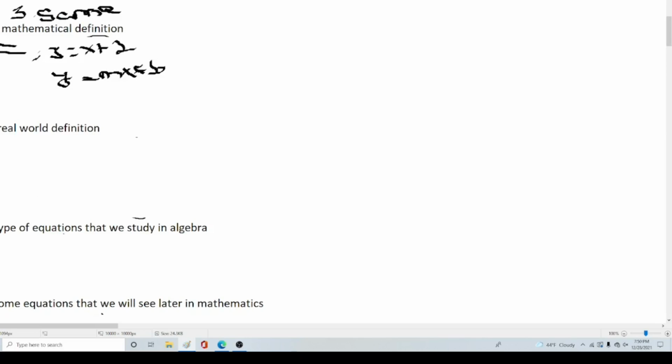Let's relate this to the real world. The equal sign in mathematics says that things are the same, quantities are the same, I should say. We say that things are equal, but we actually mean things are the same. So think about this. When we were children, our teachers and our parents always told us that no matter what, we're all humans, so we're all the same.